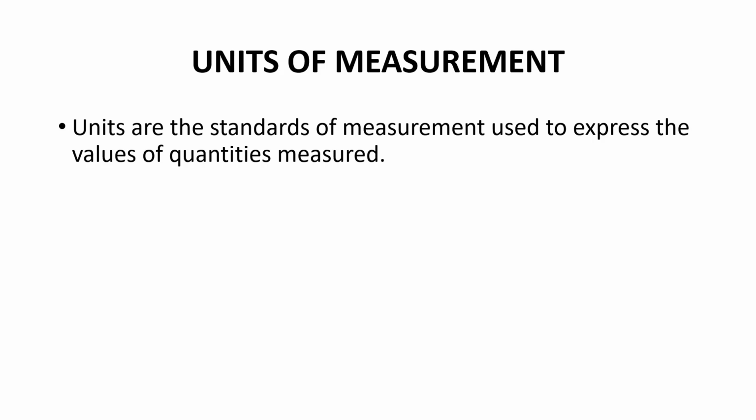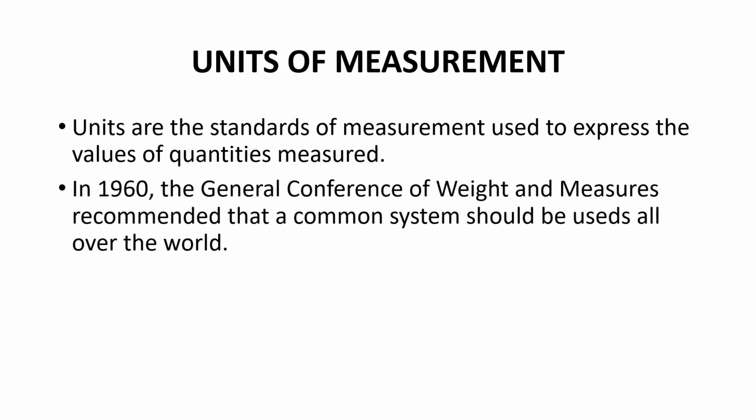Units became acceptable in the whole wide world in 1960 when the General Conference of Weights and Measures recommended that the whole world needs to use a common system of units. And this common system was accepted in 1960.